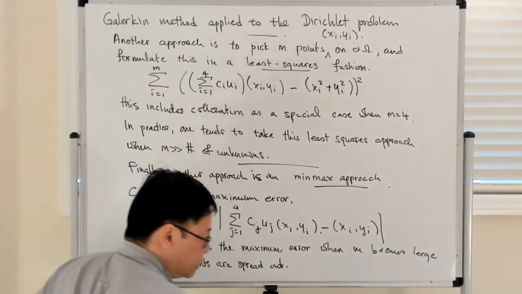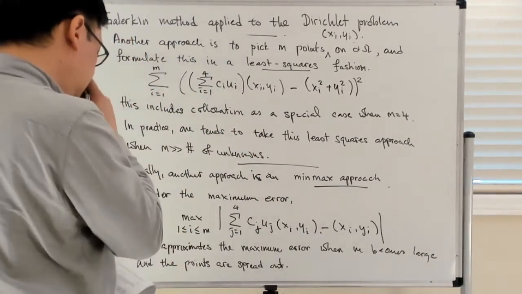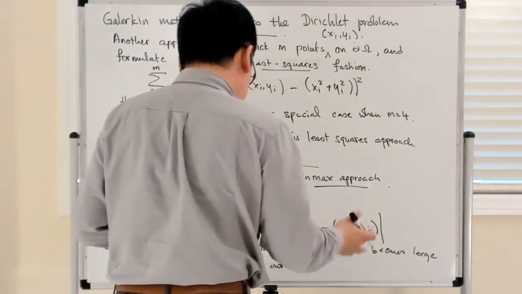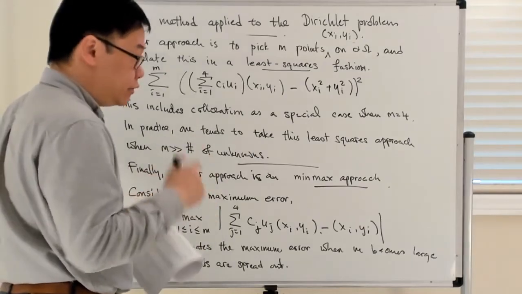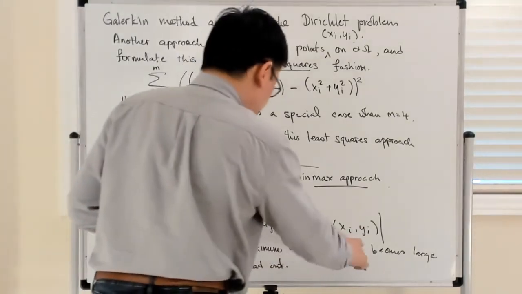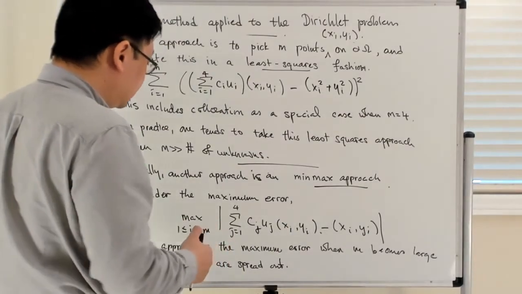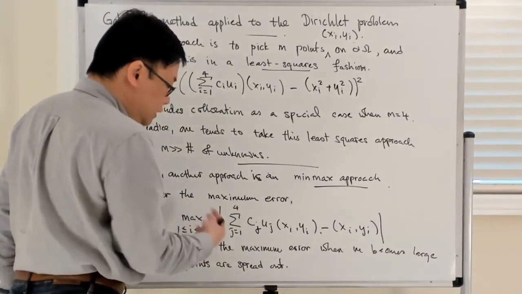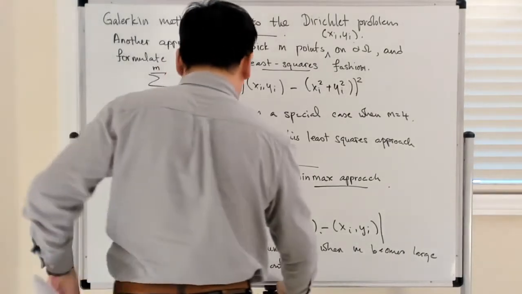You don't want them to just concentrate on a particular region of the boundary. So this is an approximation of the maximum pointwise error in satisfying the boundary condition. And of course, what you want is to minimize the maximum error by varying the Cj's.